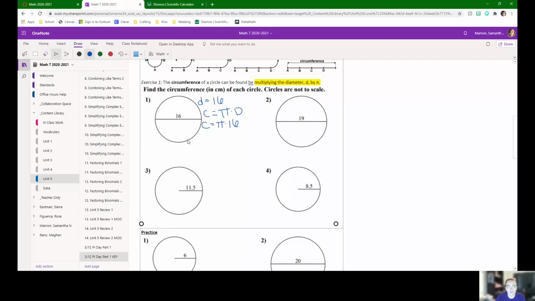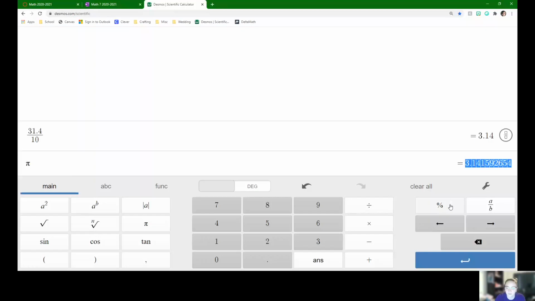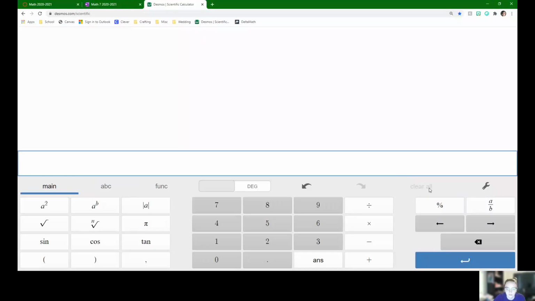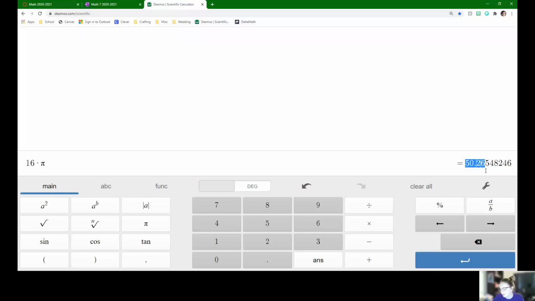When you guys are in high school, whenever you're working with pi, you're usually going to leave things written kind of like how we do with x's. You're going to leave it like 16 pi. But we're going to practice some rounding today and using pi on our calculator. So we just need 16 times pi, and we're going to round to 2 decimal places.